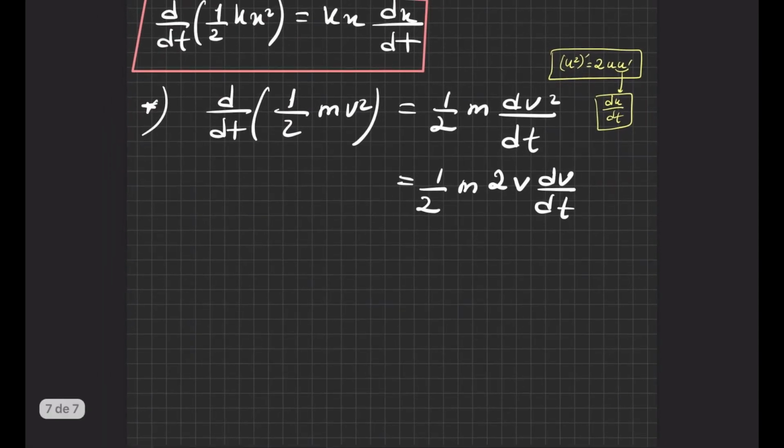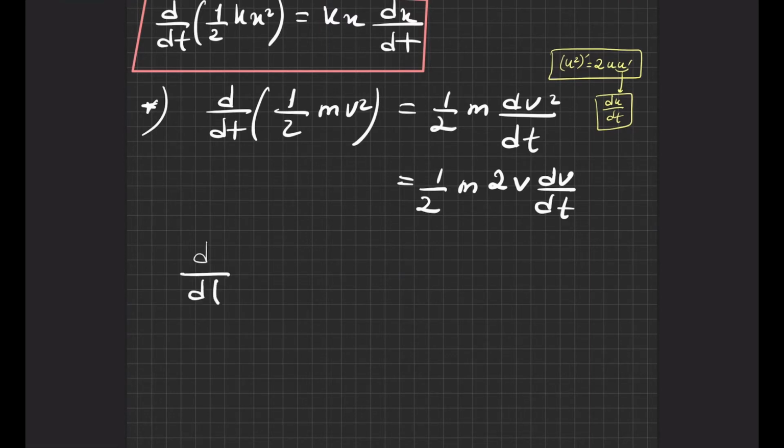It's the same thing here. Half m, that's because it's a constant, and the derivative of v squared over dt is 2v dv over dt, that is v prime. Okay, let us write it down in a better way, and then we are going to put a rectangle around it.